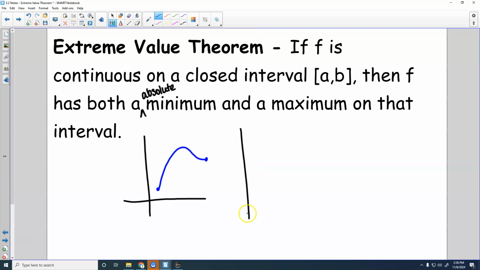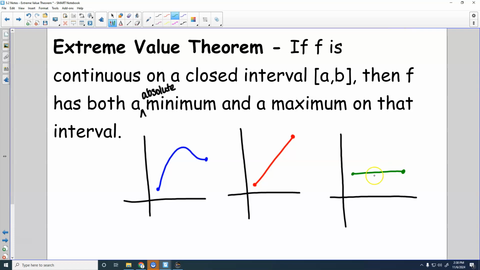It could look like this. It could just be a straight line. Still, you have a minimum and a maximum. What about if I had this? Yeah, you have a minimum and maximum still.